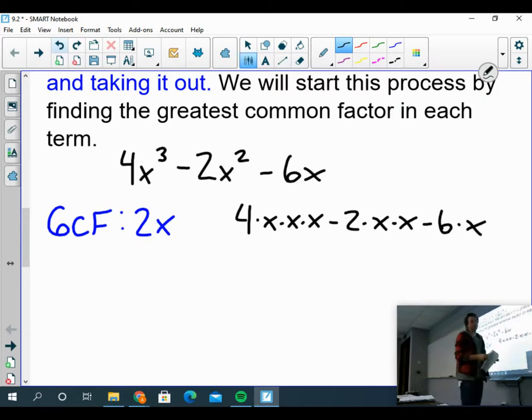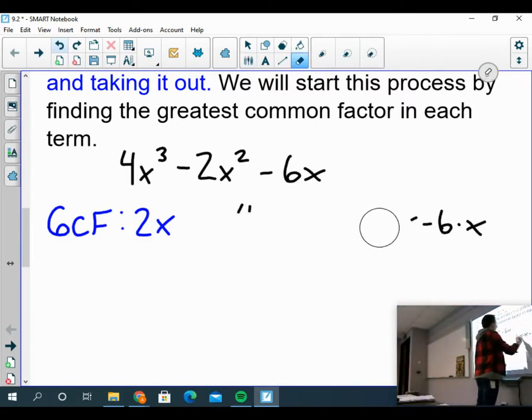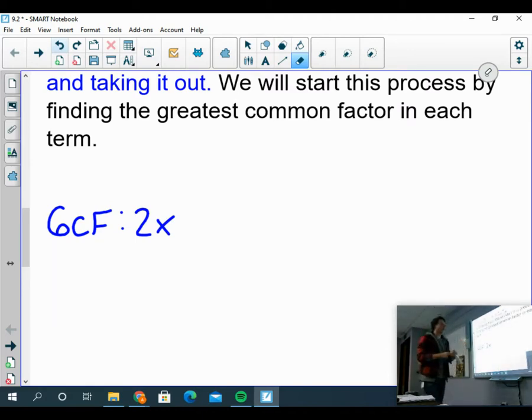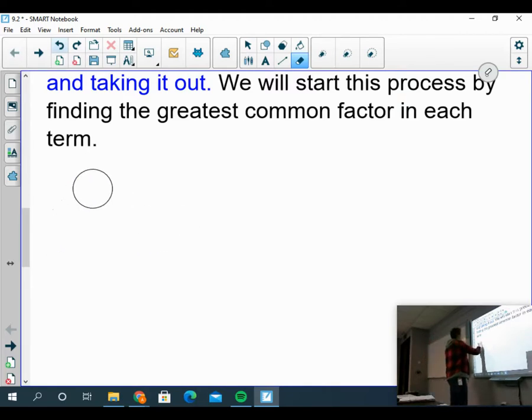And we see that in the negative 6x. So my greatest common factor for the whole polynomial would be a 2x. If you feel like you're struggling with this at this point, again, pause the video and start it. Because now what we're going to move on to is not just identifying the greatest common factor, but also how do we actually factor it out. So again, pause the video, shoot me any questions via email that you have to this point.